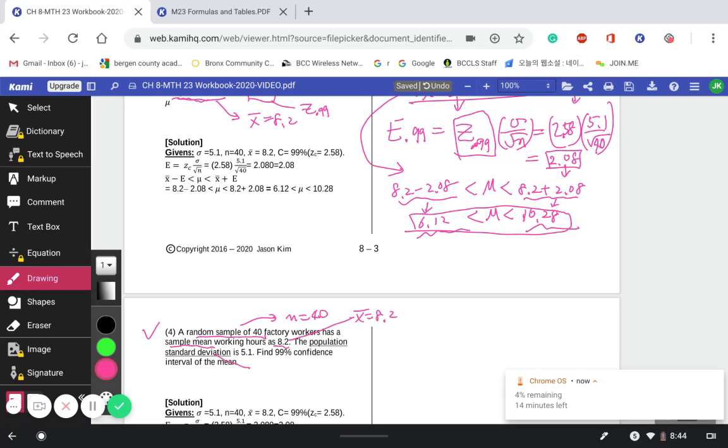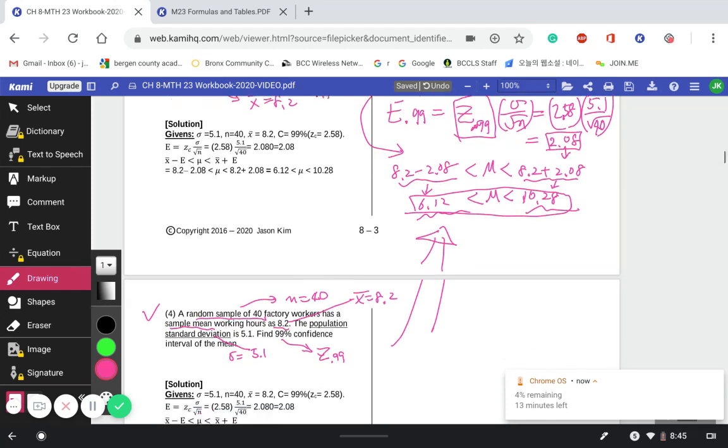Population standard deviation is 5.1, so sigma equals 5.1. And the 99% confidence level means they want to find the z of 0.99. So you do it the same way as what we learned previously, and you get the same answer. Okay, anybody have any question?